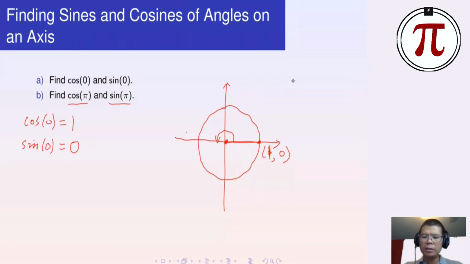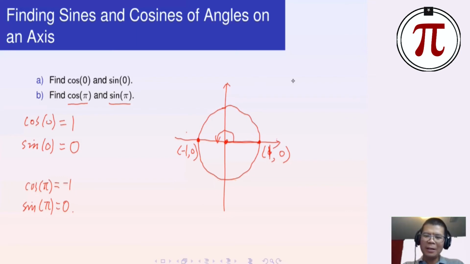What is the intersection? That would be -1, 0. X is -1, y is 0, right? Very good. So what is cosine of pi? It's -1. And sine of pi is 0.